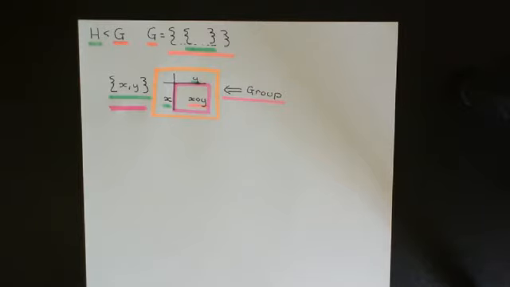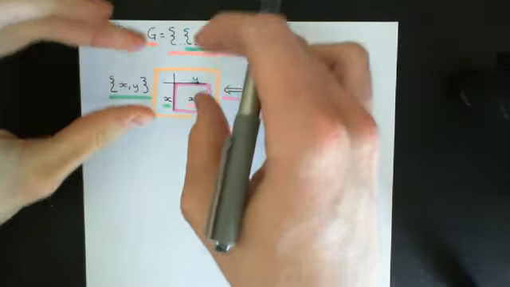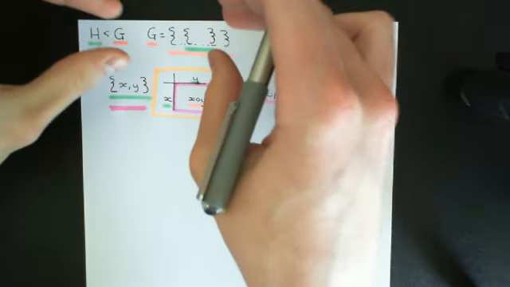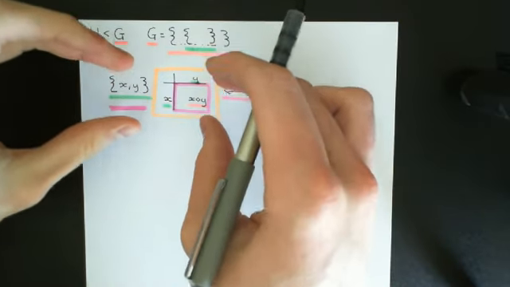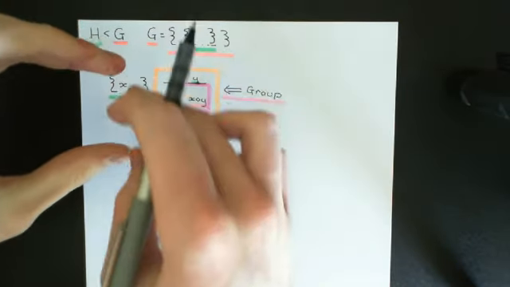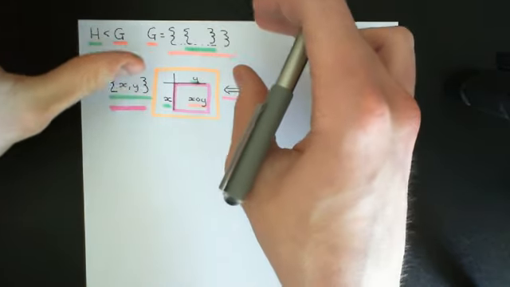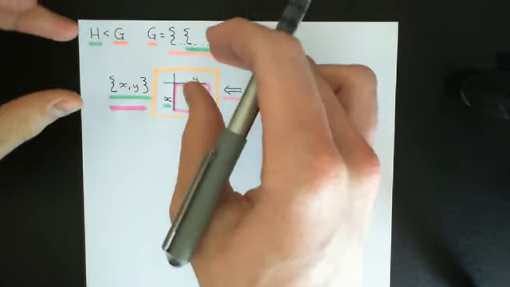The reason is that this little composition table we have here is a stolen part of the composition table on capital G. If this stolen portion did not obey associativity, then it wouldn't obey associativity in the composition table of capital G.